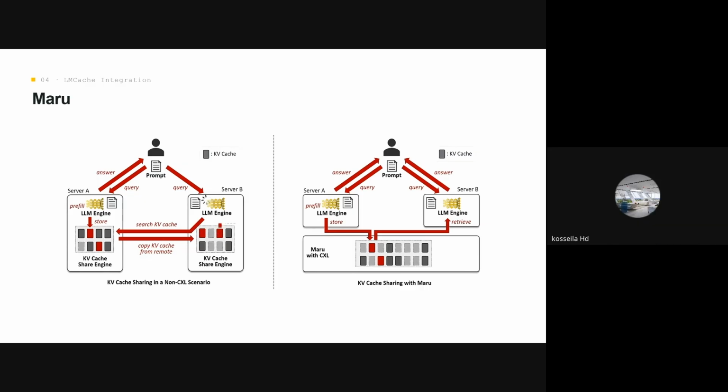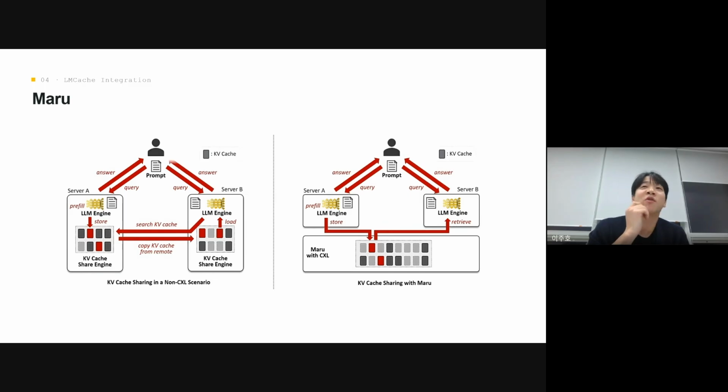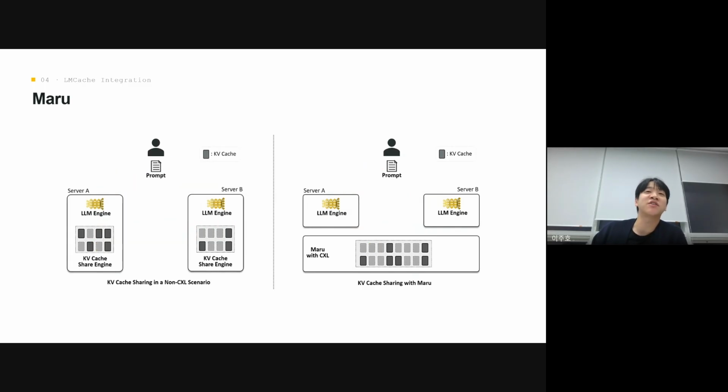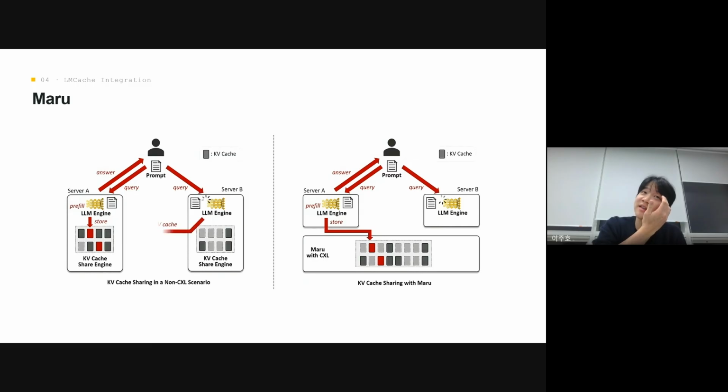Okay, so Maru is the name of our CXL shared engine framework. If there is no CXL, different servers have to transport the KV cache through RDMA or Ethernet. So it can be a little bit slower, and it has to make an extra copy of some KV cache.